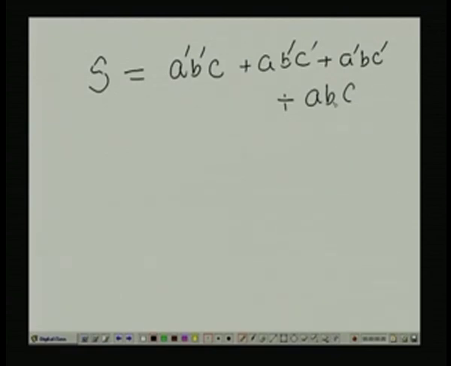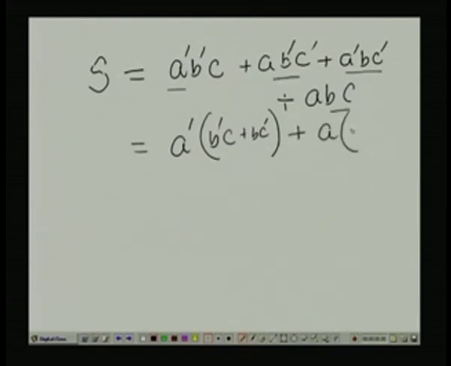Now, say from the first and third term, I am taking A dash common, then similarly this is B dash C plus B C dash, and from the second and fourth, if I take A common, then this is B C plus B dash C dash.